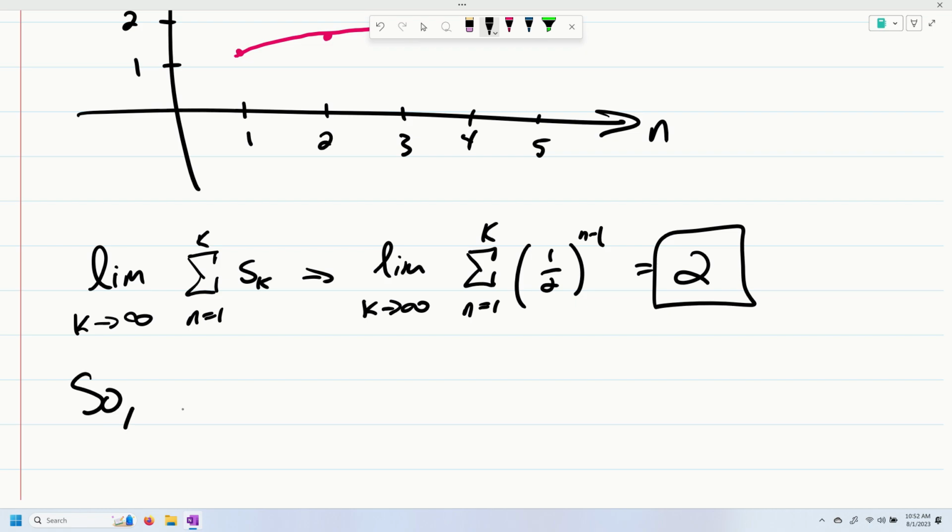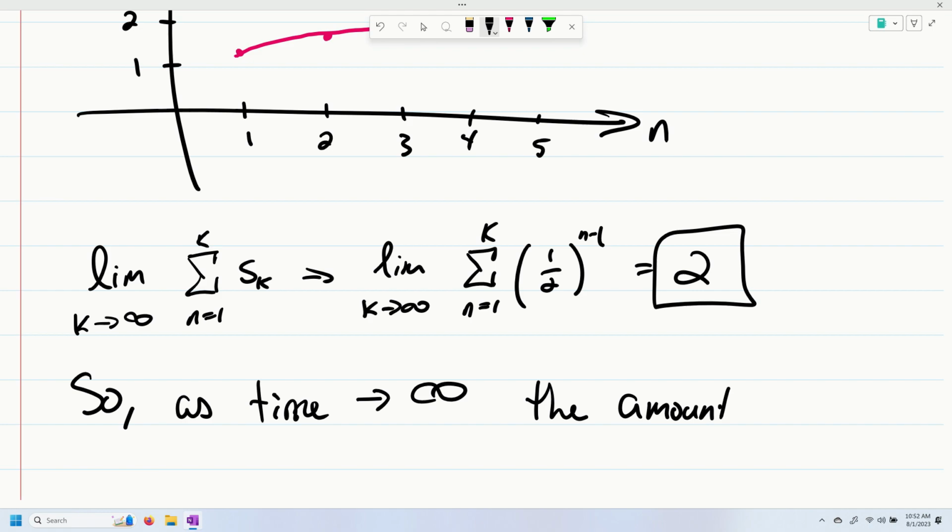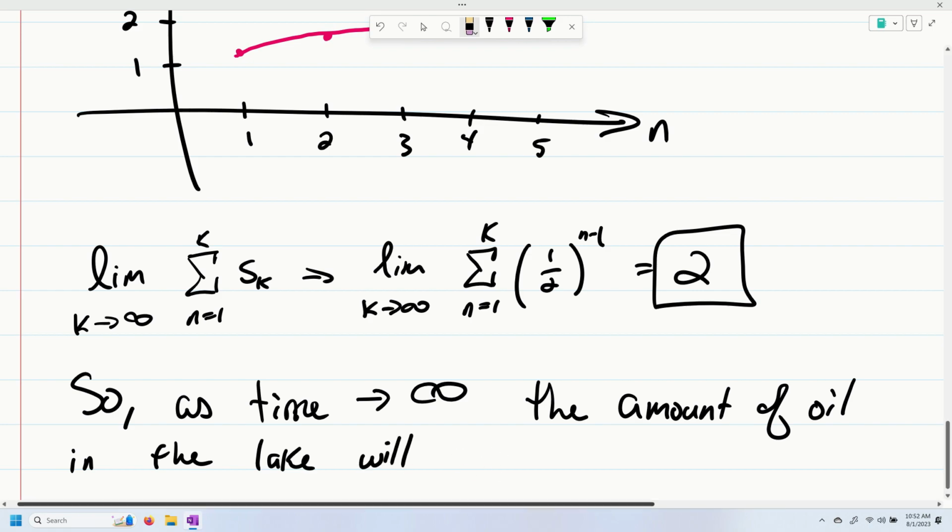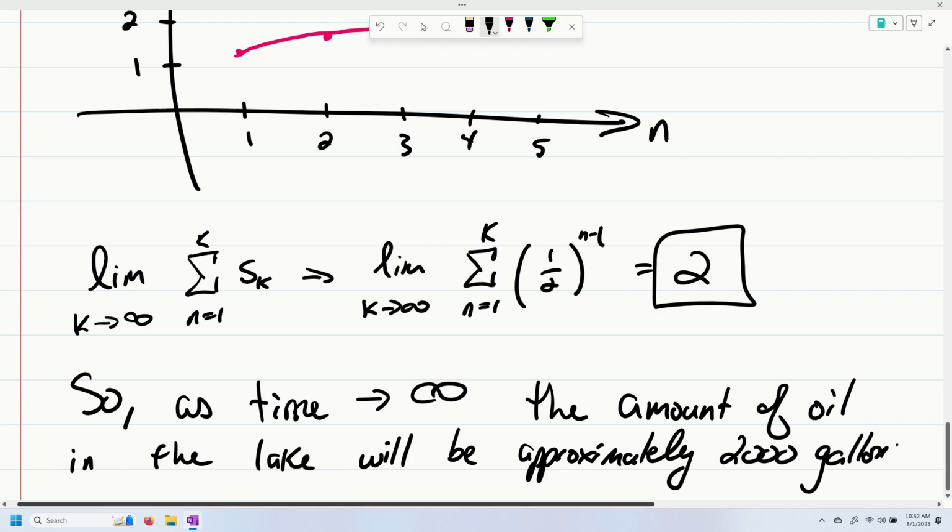So as time goes to infinity, the amount of oil in the lake will be approximately 2,000 gallons.